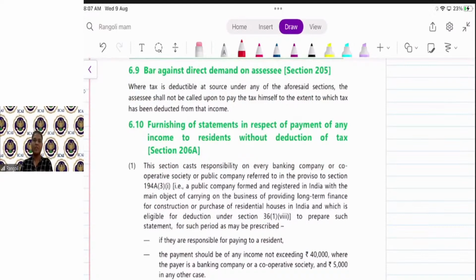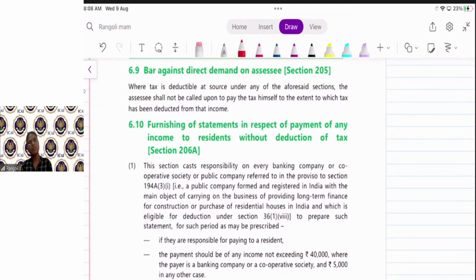Now, furnishing of statement in respect of payment of any income to a resident without deduction of tax. This provision is applicable to banking companies. In case of 194A, what we have discussed is that if the FD interest or recurring deposit interest is less than 40,000, and in case of a senior citizen less than 50,000, then TDS is not required to be deducted under section 194A, right?